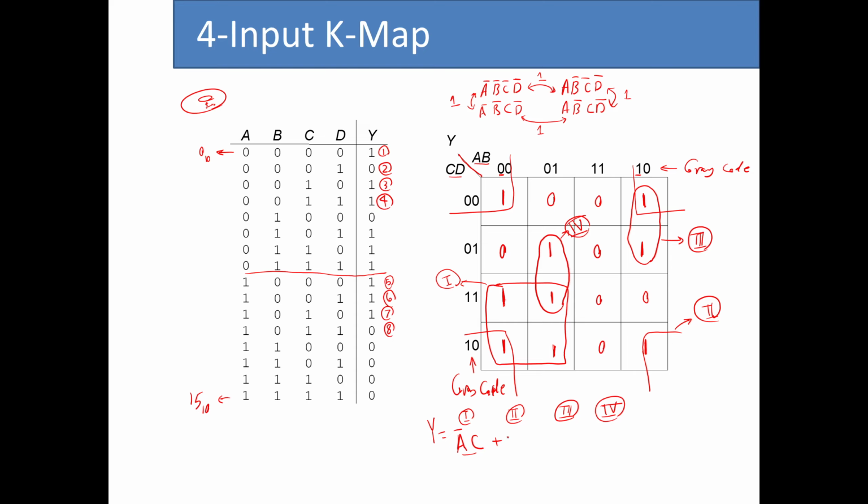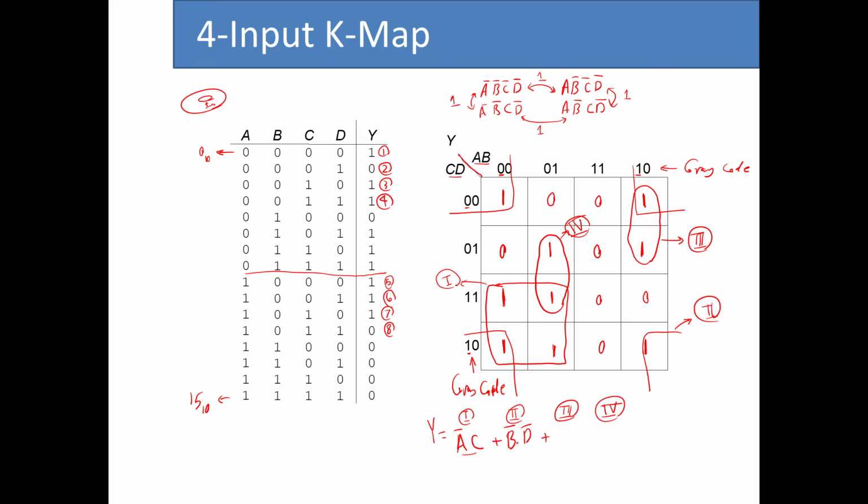So that means that we have B bar here. What about C? C can be both 0 and 1 for all these 4 ones. So that means that it is not included. On the other hand, D is always 0, which basically means that we need to have D bar in the implicant associated with this circle as well.